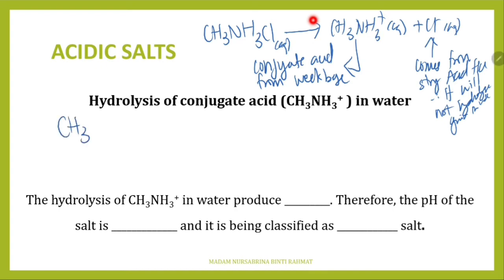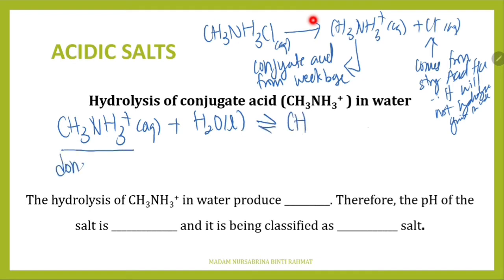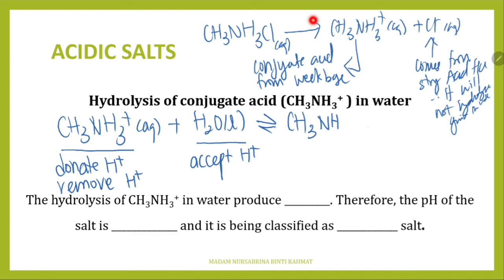So let's write down the hydrolysis equation for this conjugate acid. CH3NH3+ plus H2O liquid, partially dissociates. It is an acid, so it's going to donate H+, and your water this time acts as the base, so it will accept H+. So it becomes CH3NH2.